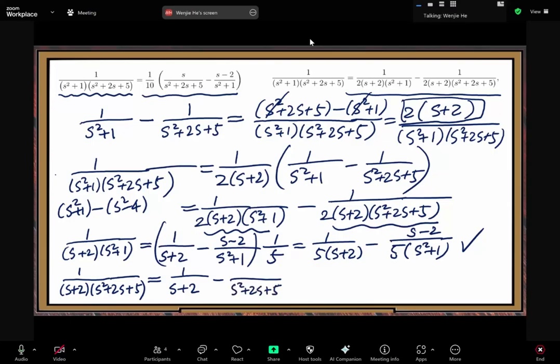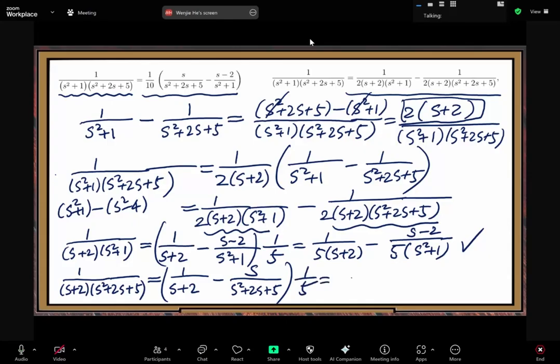This time, it's not good to use the s minus 1, right? But this time you can see, you put s there. The numerator, after cancellation you have 5, so you need to multiply 1/5.